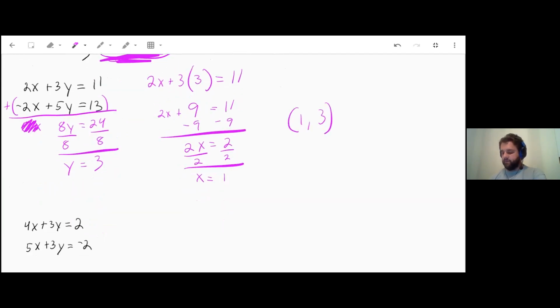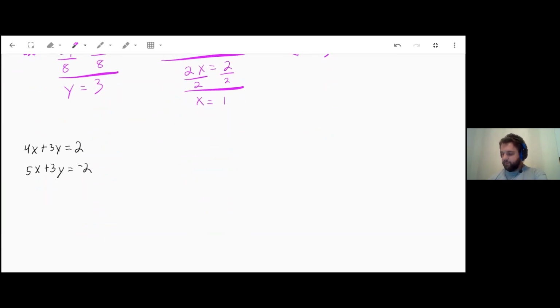Let's try that one again. This time, we have 4x plus 3y equals 2, and 5x plus 3y equals negative 2. I will subtract these because my goal is to get our y's to cancel out, since those have the same value.